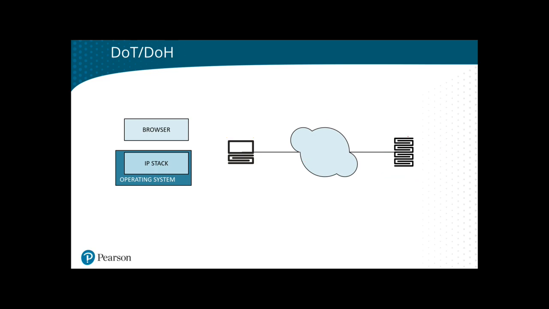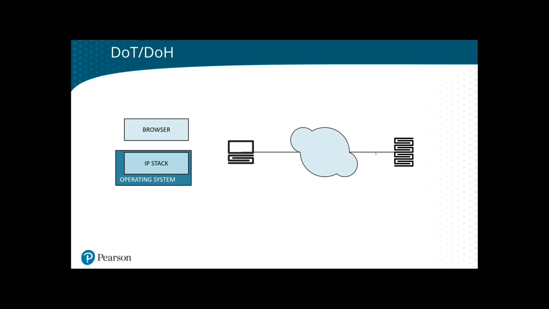Because we had root servers, and we could look at the root servers and see what was going on with queries. So people can tell a lot about what you're trying to get done. If you do a query for a bank, they can guess that you bank at that bank because you're trying to get to that website, et cetera. So this is the problem that DoT and DoH are trying to solve.